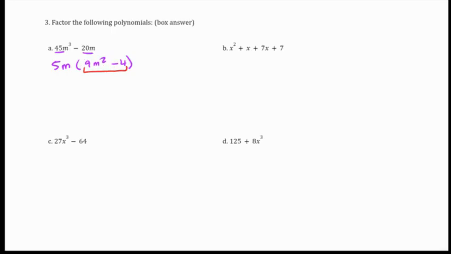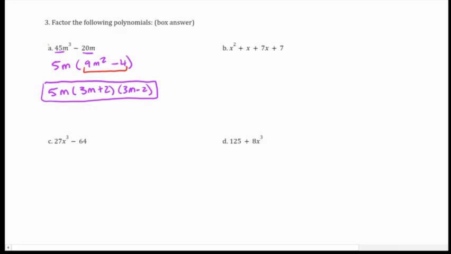So what that ends up breaking down to, I keep the 5m in my answer, 3m plus 2, 3m minus 2, and if you ever get your answer and you're not sure if that's correct, you can always just multiply it all back together, and it should land you wherever you started.